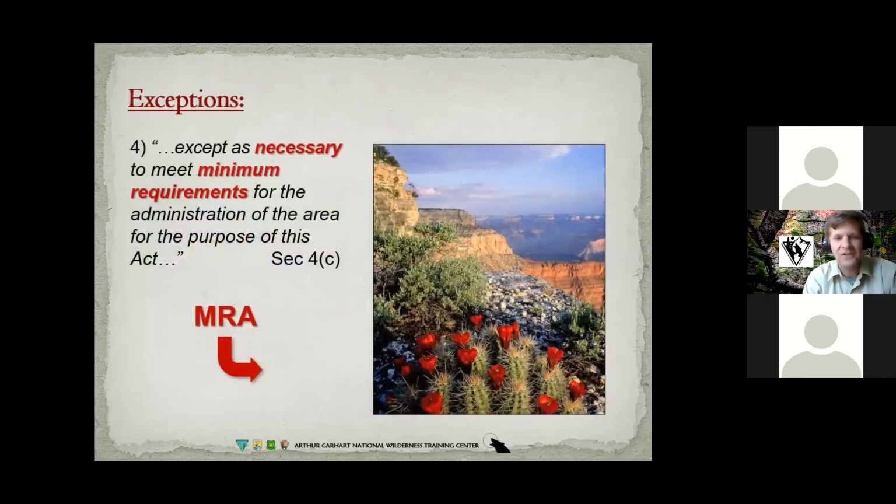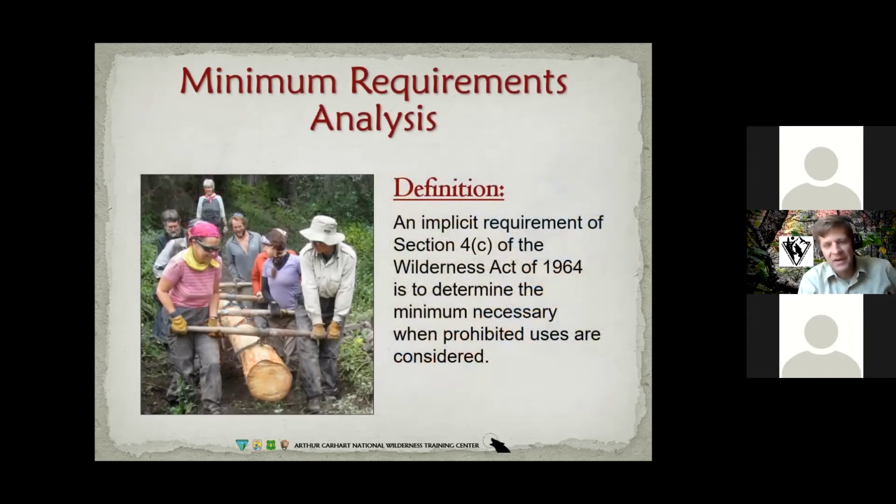So basically, that clause obligates agencies, or as this slide says, it's an implicit requirement of Section 4C that agencies conduct minimum requirement analysis on any prohibited use that may occur on an agency action or project within the wilderness area. So that's where the minimum requirement analysis sort of comes from.